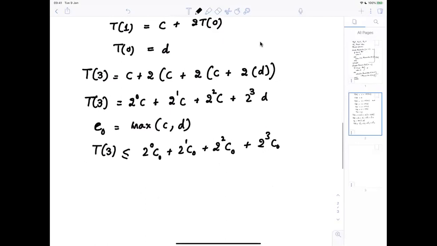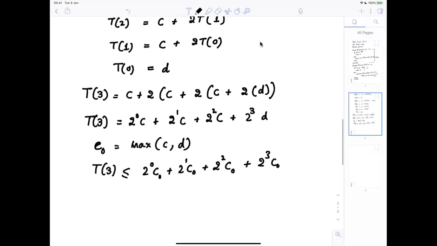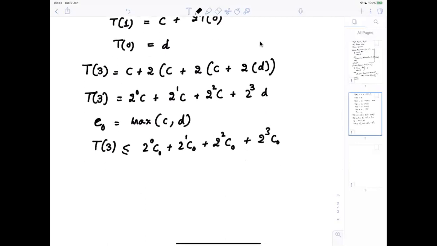So now what is the sum now? What is the total number of c's that are there? We'll find that t of 3 is less than or equal to 2 to the power of 0 plus 2 to the power of 1 plus 2 to the power of 2 plus 2 to the power of 3, into c naught.